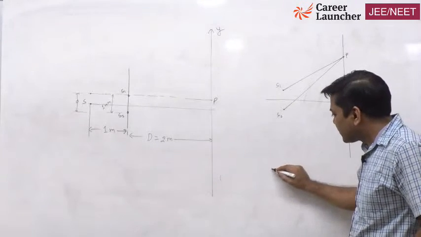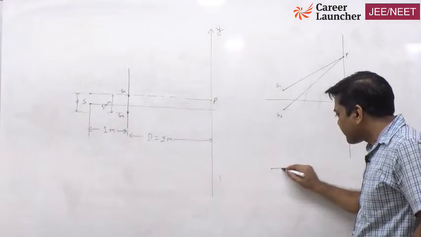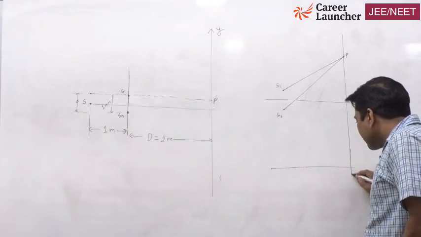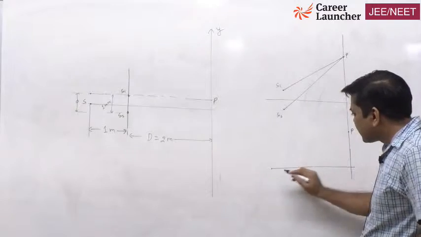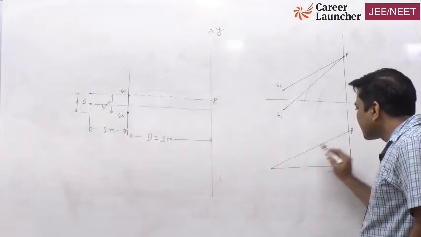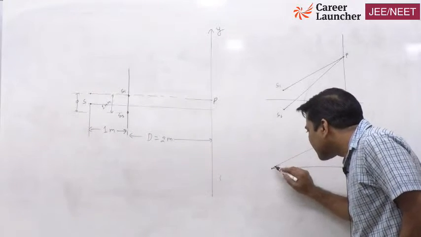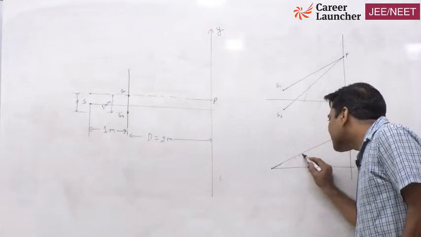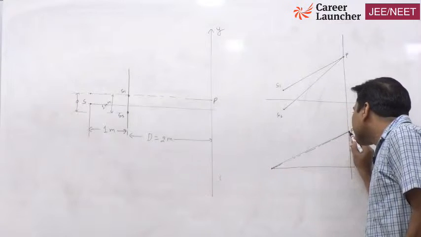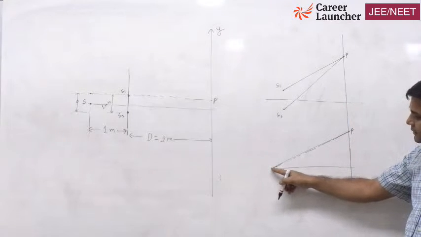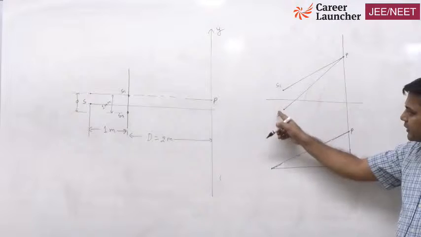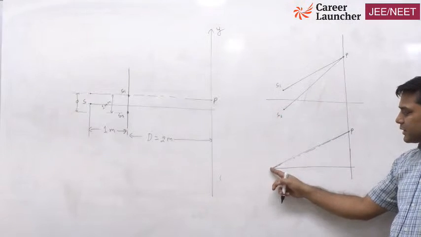So once you draw this diagram and say this is the point P, it will be very difficult for me to draw this line because the slits are very close. So I'll do one thing, just have a look here. This S1 and S2 is very, very close, lesser than this.